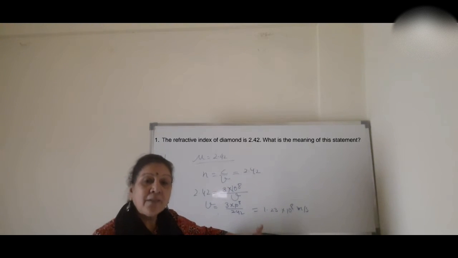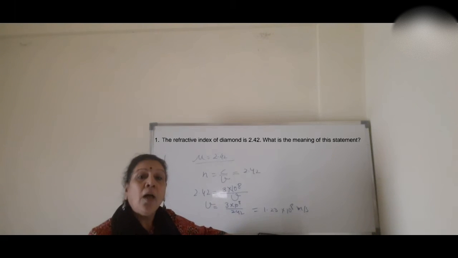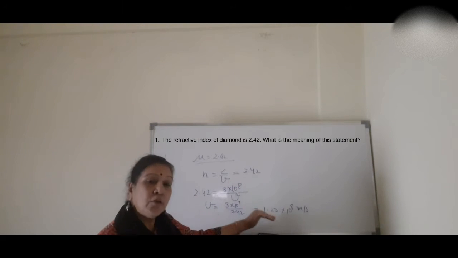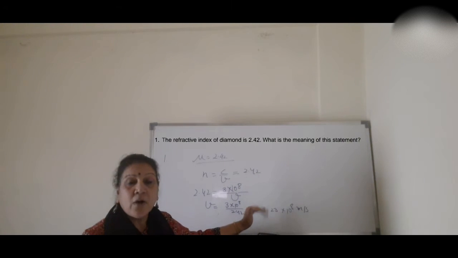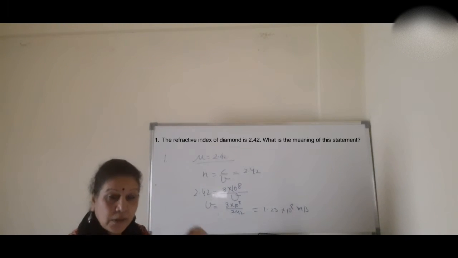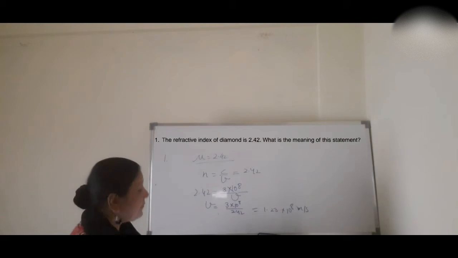So this shows that the speed of light is reduced when the light ray goes into diamond, and that's how we found the speed. It is 2.42 times lower. So that is the first question.